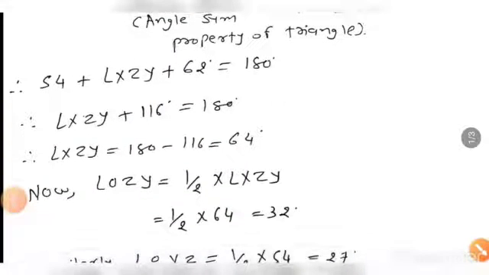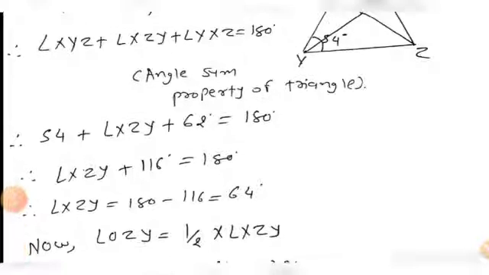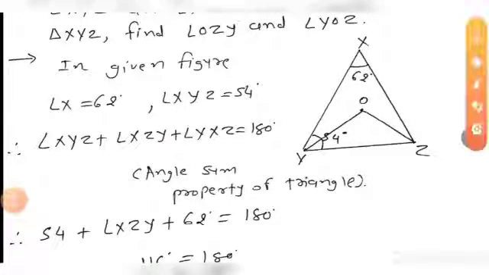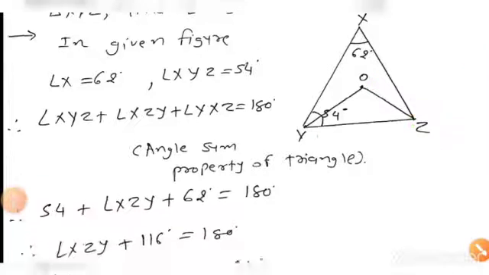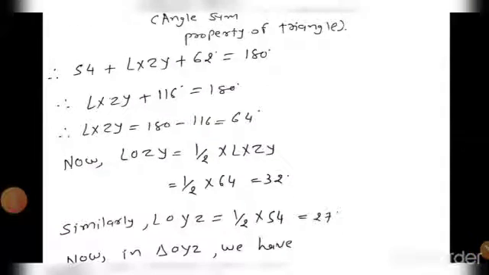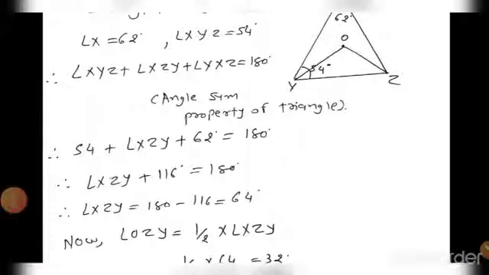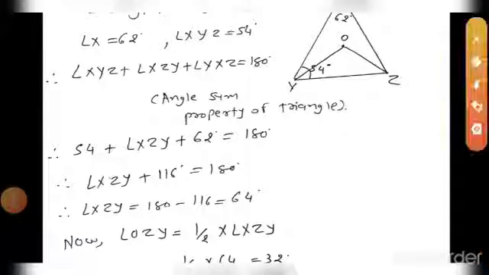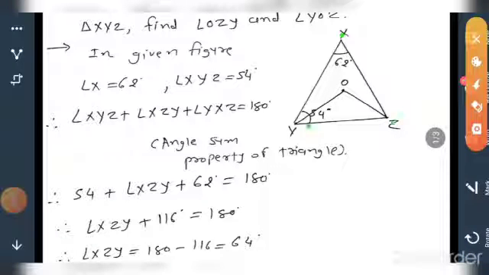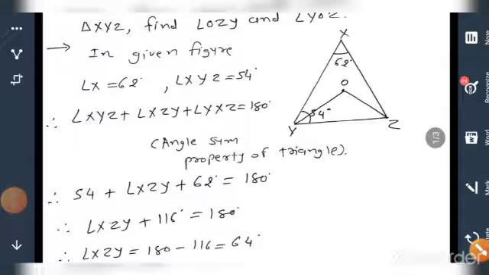After that, ozy is equal to 1 by 2 multiplied by angle xzy. So this angle ozy is 1/2 of the angle xzy, that is given in the question.